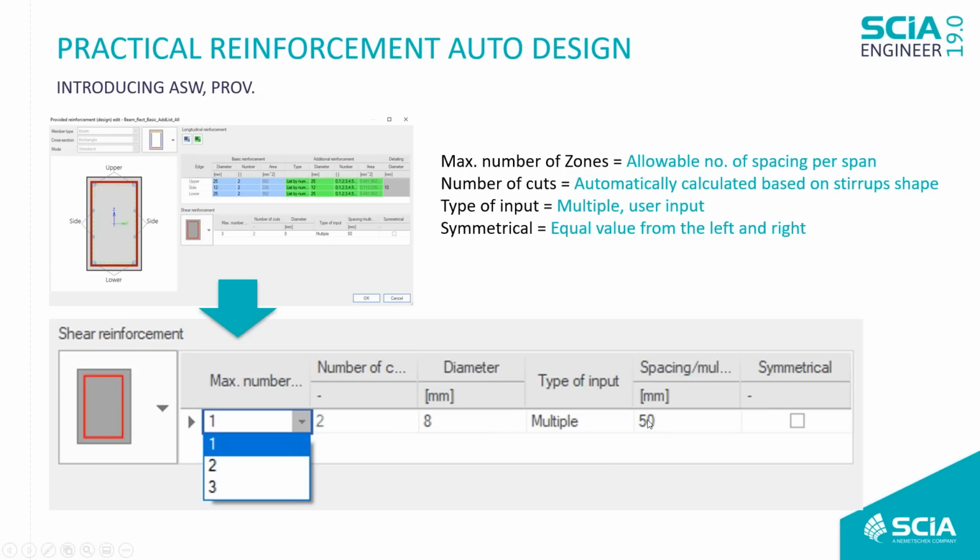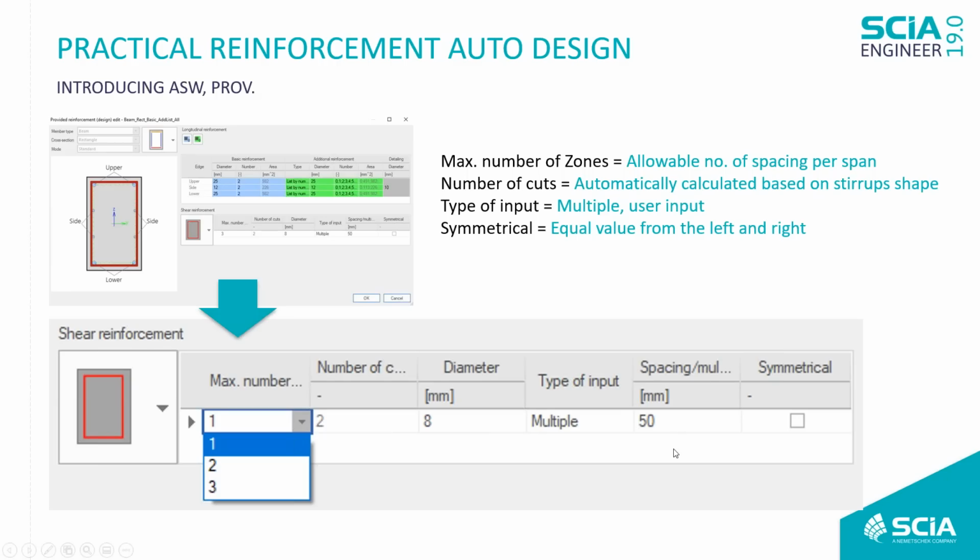So it's a way from SCIA to make the output a little bit less theoretical. In many cases, we get a stirrups spacing of 153.3 millimeters. In reality, that doesn't mean anything. I will not give my drawings to the laborers with 153. They will start laughing.